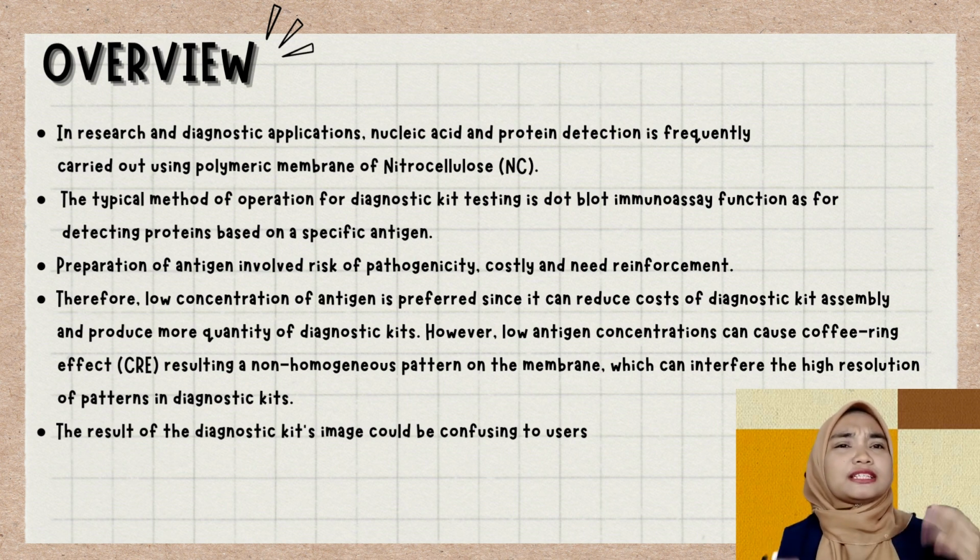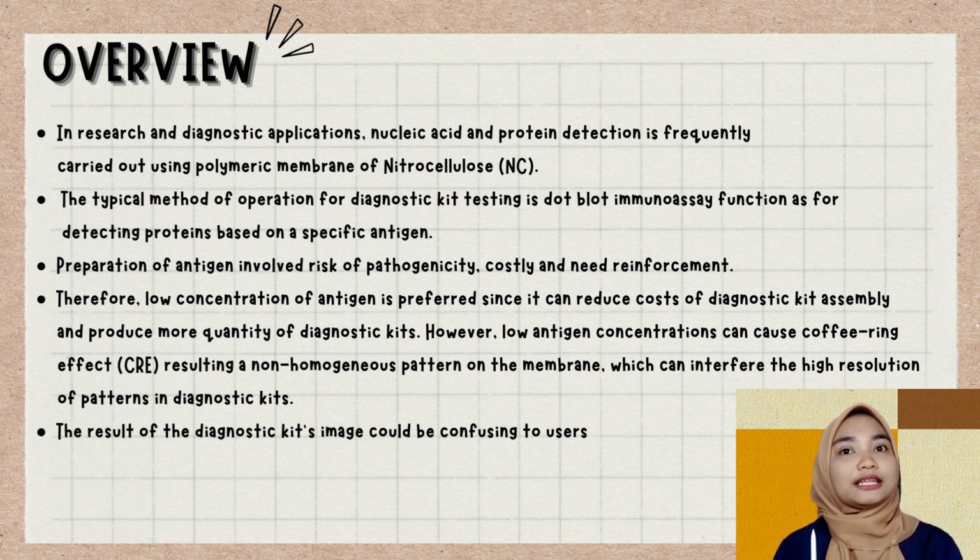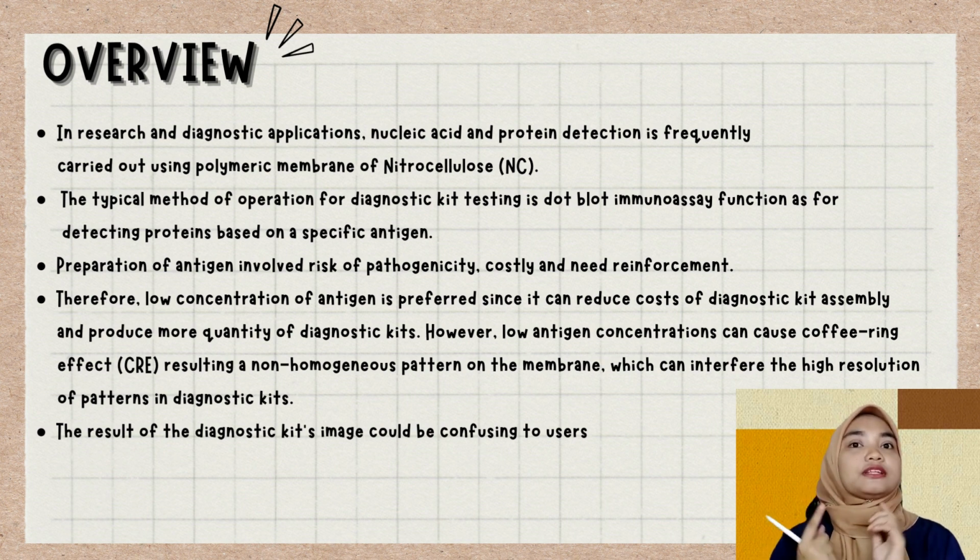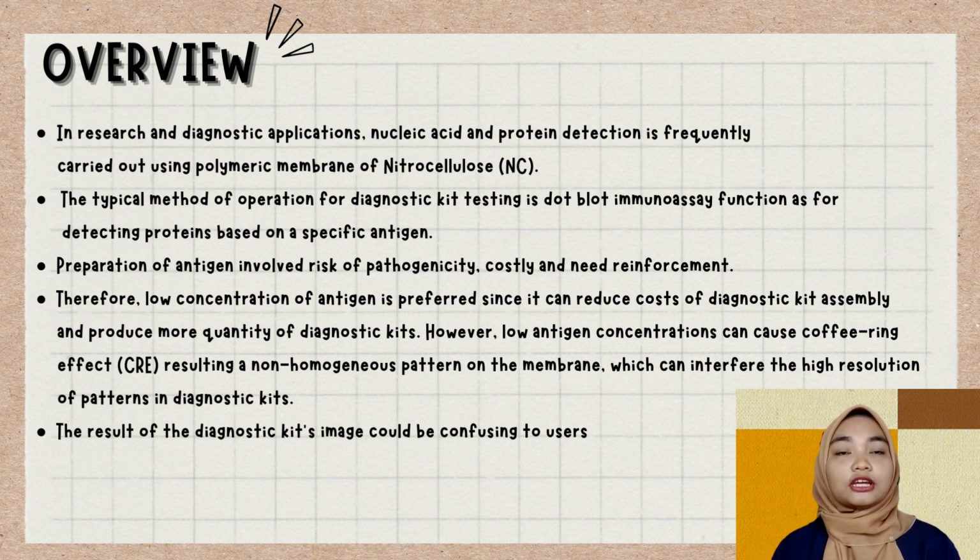Due to this CRE issue, which lowers the accuracy and quality of the product itself, extensive research has been conducted to suppress it, and several methods have been introduced. My research will focus on manipulating the temperature of the protein solution at 10, 15, 25, 35 and 45 degrees Celsius during the immobilization process to see how it affects CRE suppression.